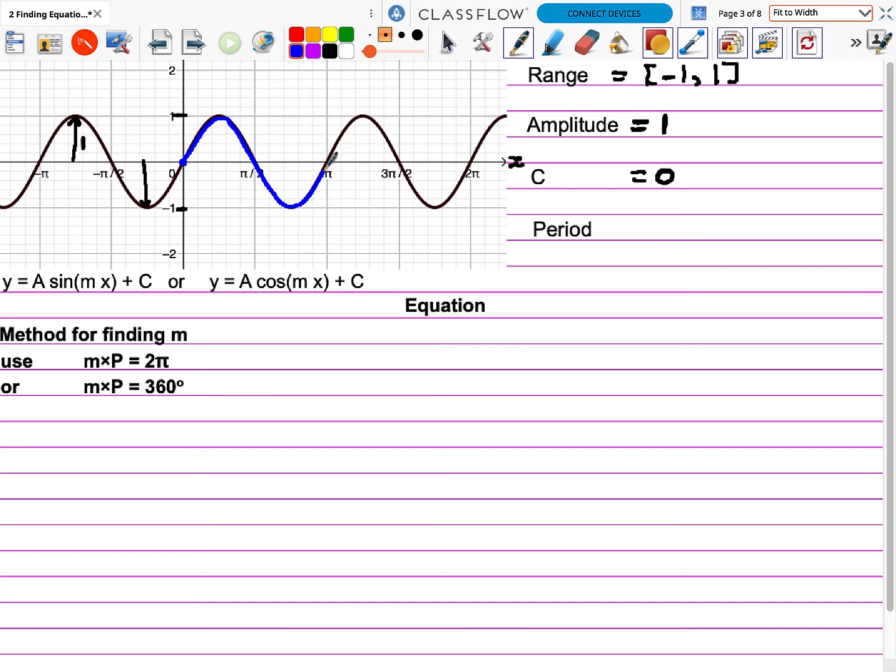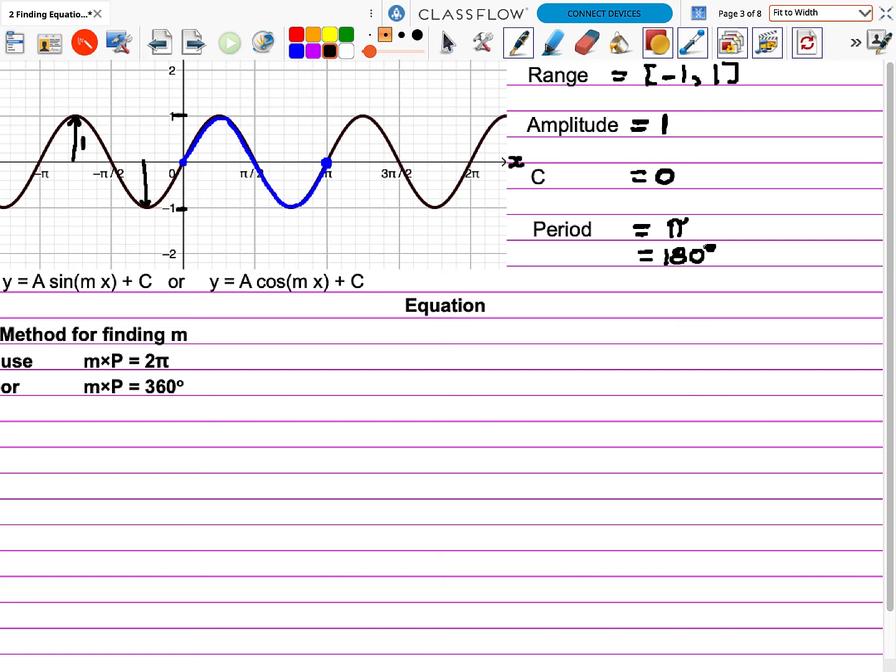And it starts to repeat here. And so we now know that the length of our period, which is what we're always calculating, is equal to pi. Now I actually prefer to work in degrees, but that's just me. So the length of our period is 180 degrees.